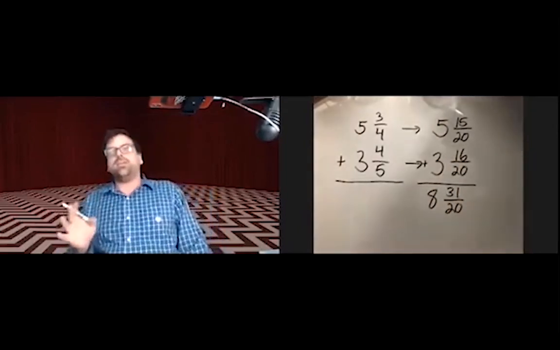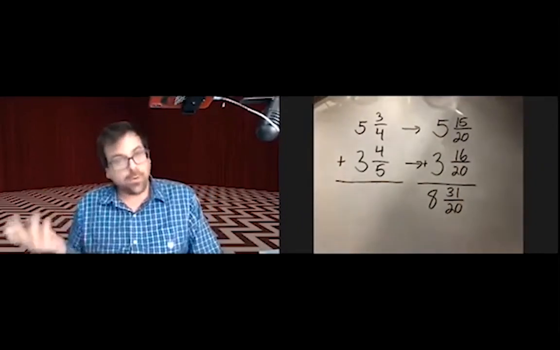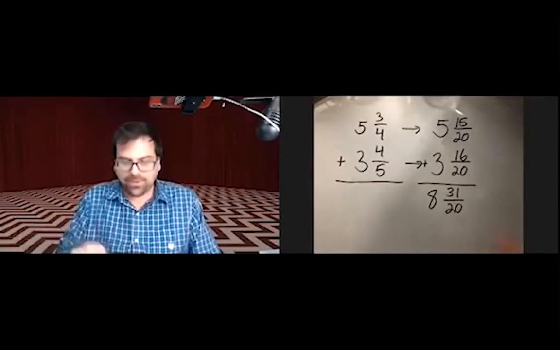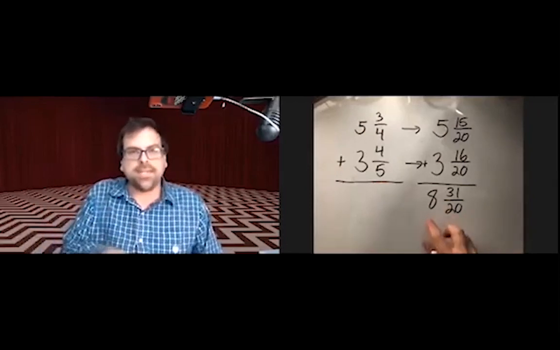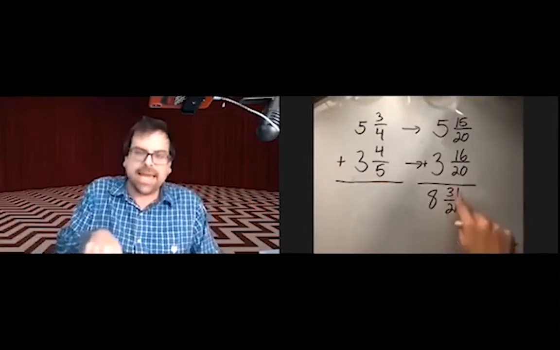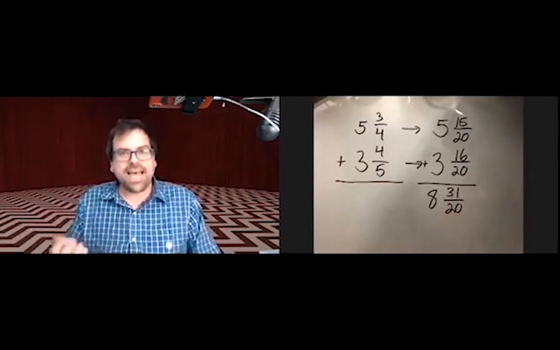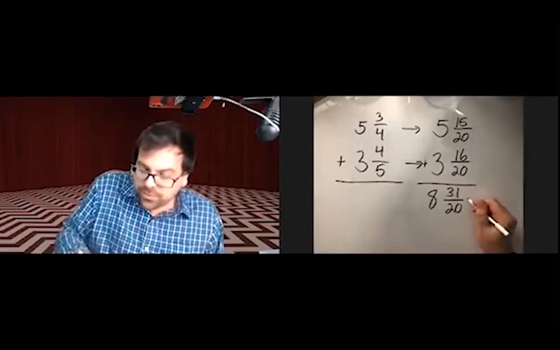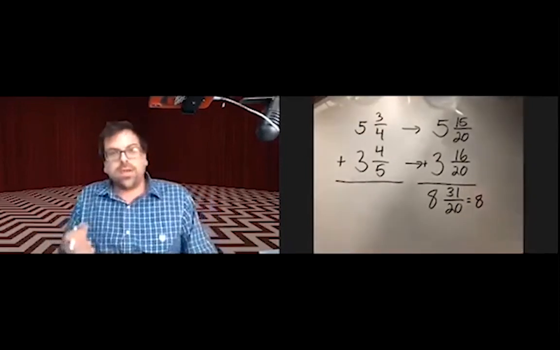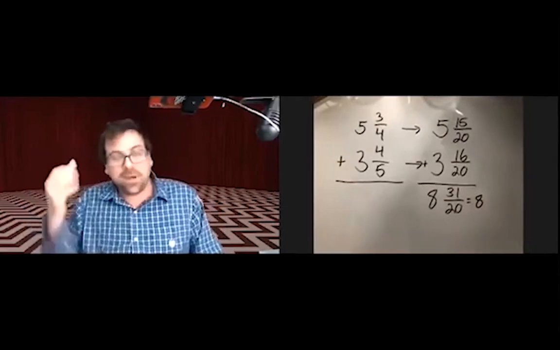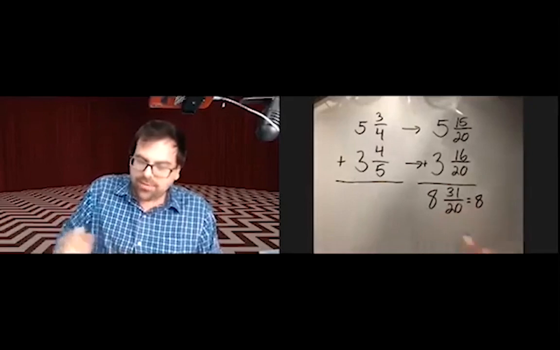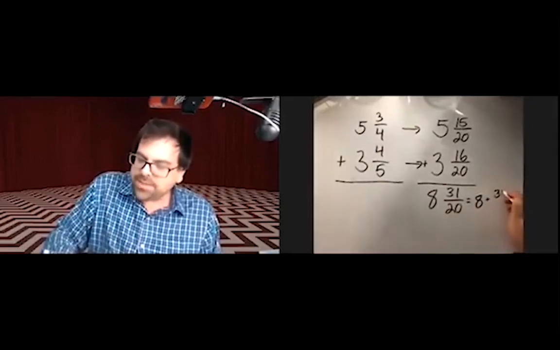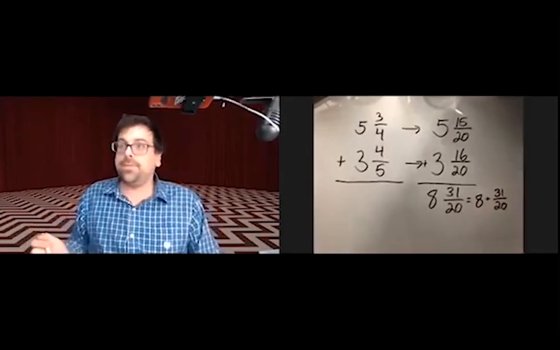When we add these, we get 8 and 31/20. And we can't use this as an answer. Why not? Well, we turn improper fractions into mixed numbers. Therefore, mixed numbers can't have improper fractions inside of them. So what we need to do is carry the 1, but a mixed number version of that. Watch this. 8 and 31/20 is 8 plus 31/20.